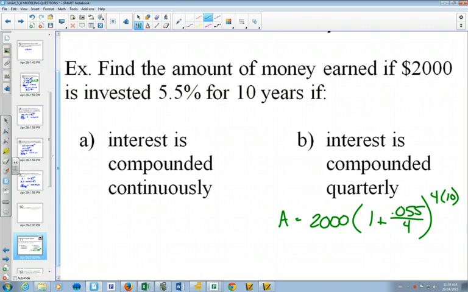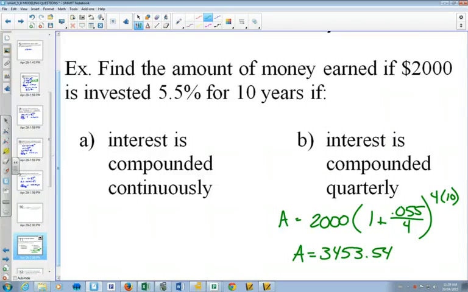So 2,000 times (1 plus 0.055 divided by 4) to the power of 40. You get $3,453.54.